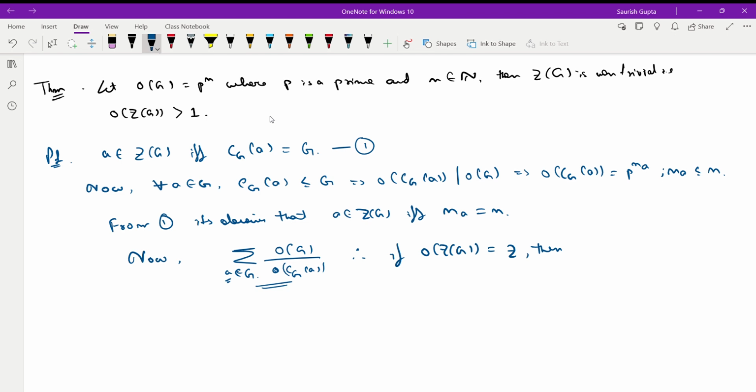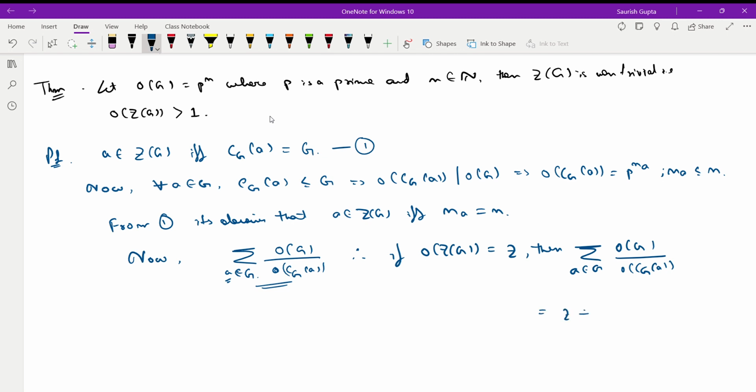And how many times will the summand become 1? Exactly the number of times A comes out to be an element of the center. There are z elements in the center, therefore A can become an element of the center z times. So we will get 1, z times. Then this summation over A in G of the order of G over the order of the centralizer of A will give us 1, z times.